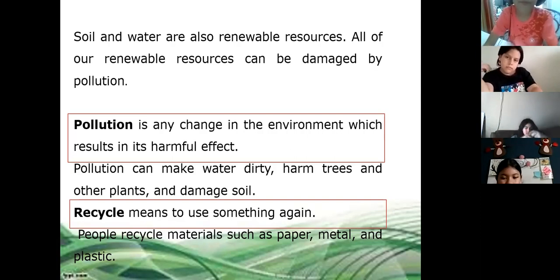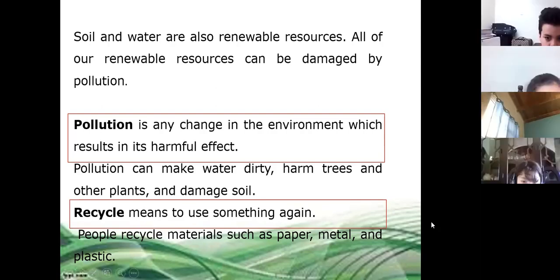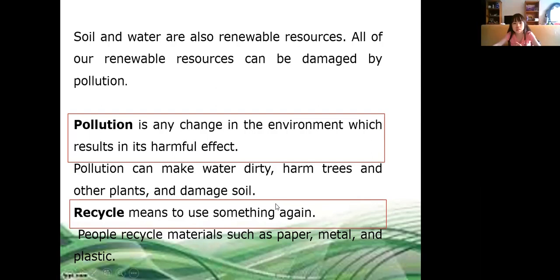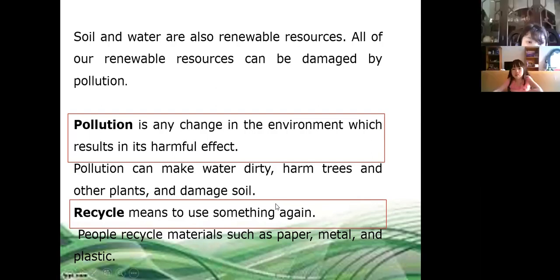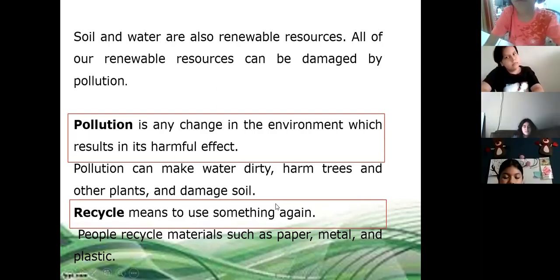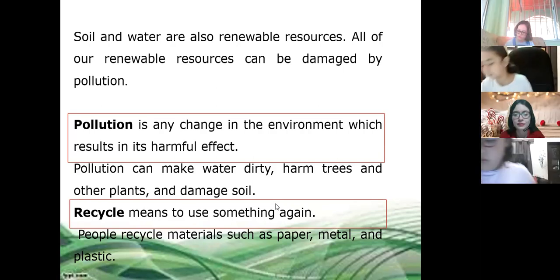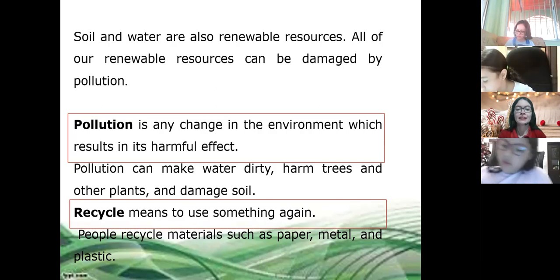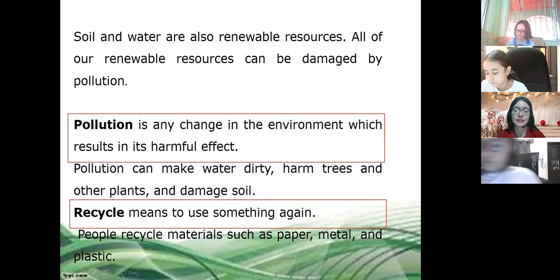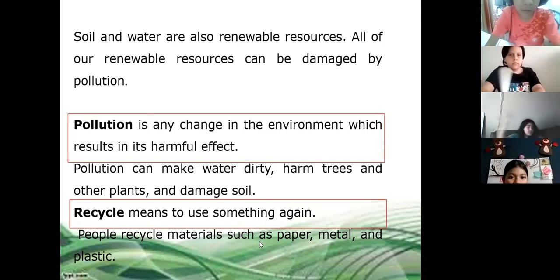Once you cannot use it, you're going to leave it in the trash bin. But if you can recycle, you can reuse something. So try to do it. So this way, we're not going to be adding more pollution. We're not going to be destroying more the environment. The environment, the earth is not just for humans, for animals and also for plants. Sometimes humans forget that the environment is for all of us. They think that it's just for humans, but it's not just for humans.